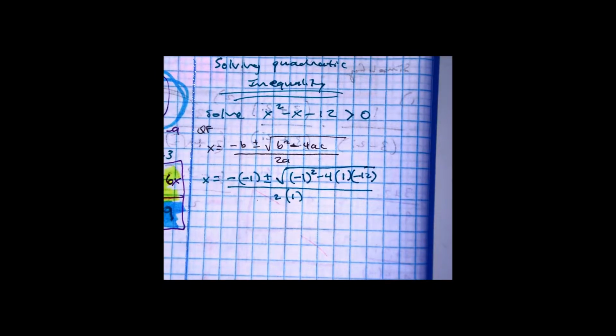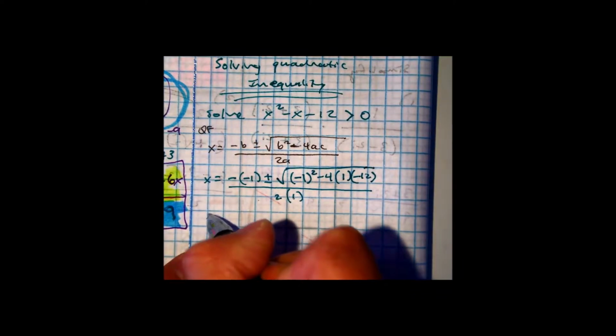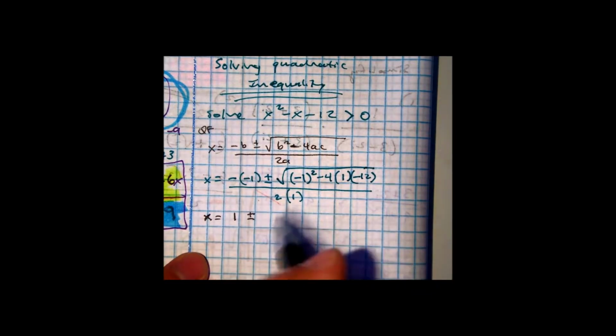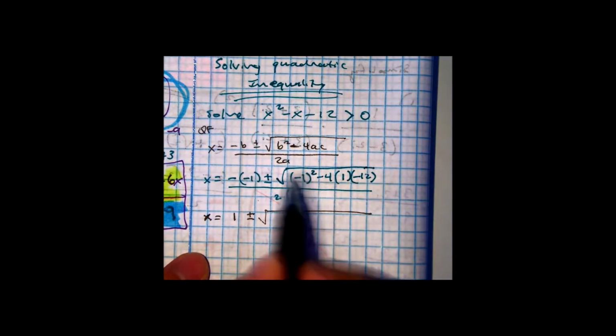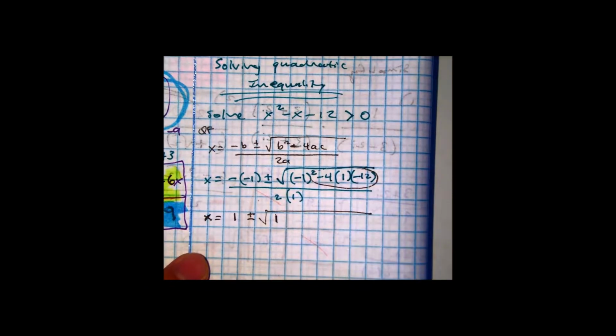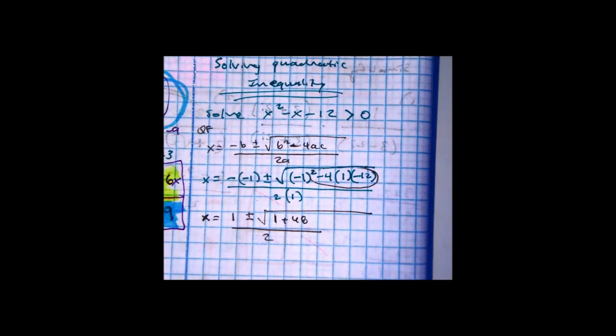Jasmine, continue. And all this. Positive 48, all over 2. Keep going for us, Royce.